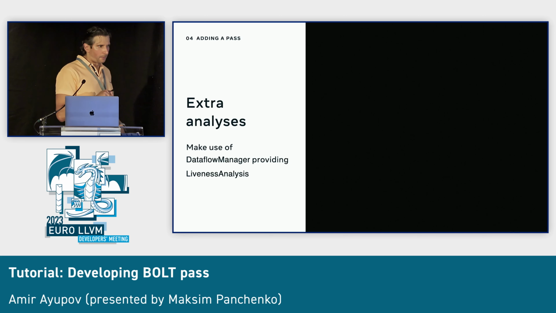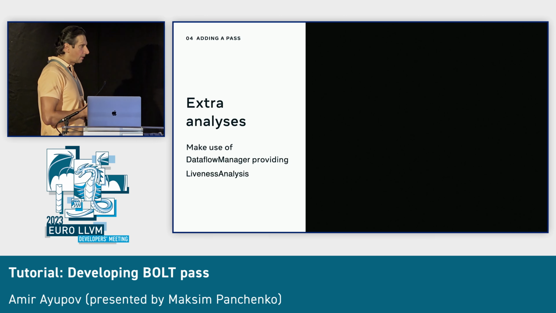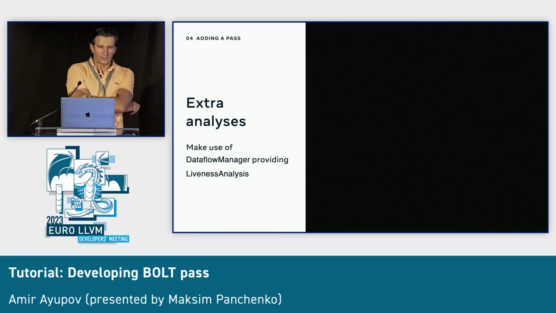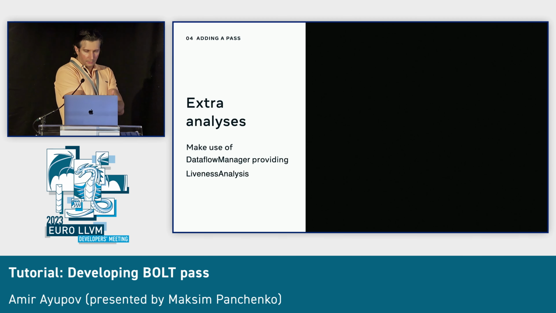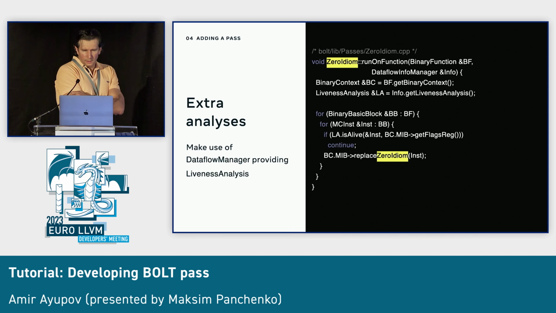Of course, compared to the simple peephole, we want to add the analysis. And this tutorial includes an example of how you can leverage the data flow manager class with its liveness analysis. This is the code, and as you can see, it's pretty simple.